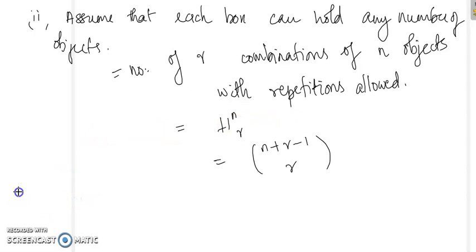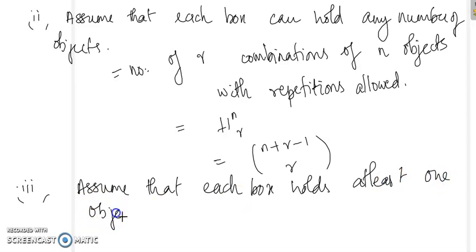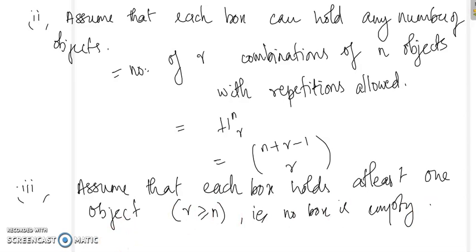Now the third case is, assume that each box holds at least one object, that is r greater than or equal to n. So that is the case when no box is empty. So in this case no box must be empty and r is greater than or equal to n.